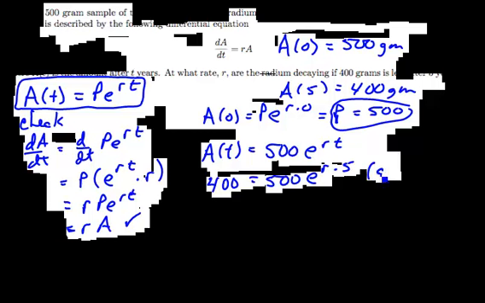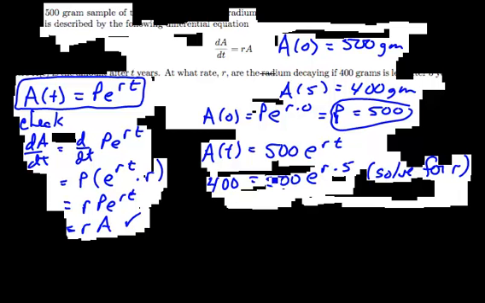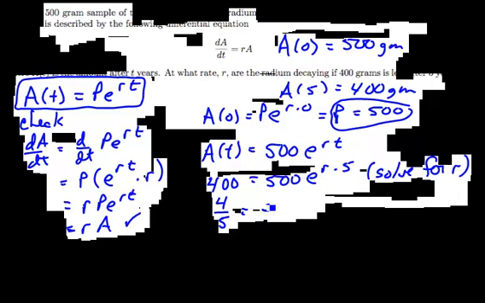And now what I'll do is just solve for r. So we kick over to our exponential algebra techniques. I'll isolate the exponential by dividing the 500 off. 400 divided by 500 would be 4/5. All right, cleaning that up. And this side is just e to the r times 5. I'll write it as 5r.